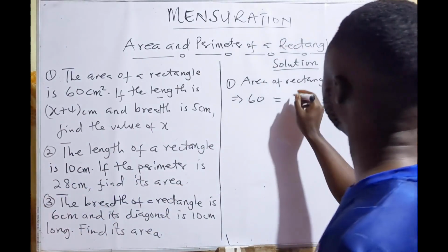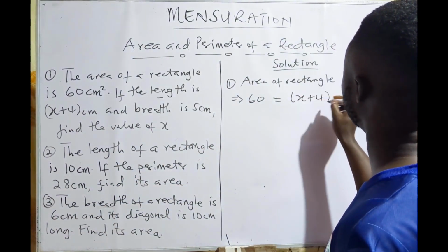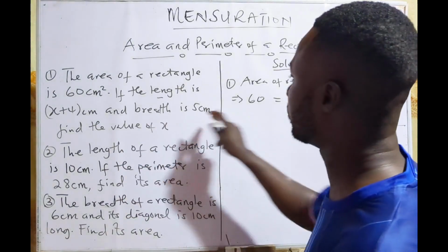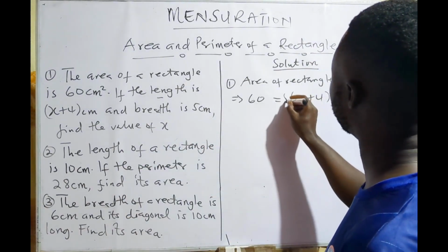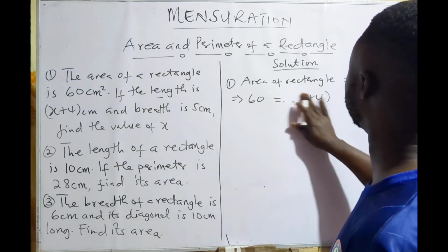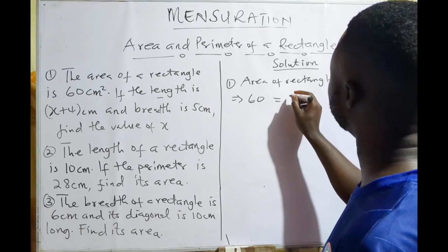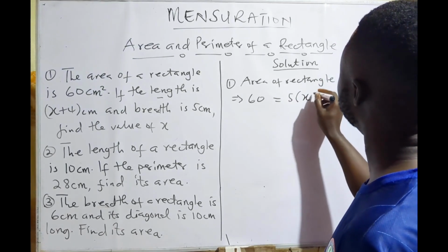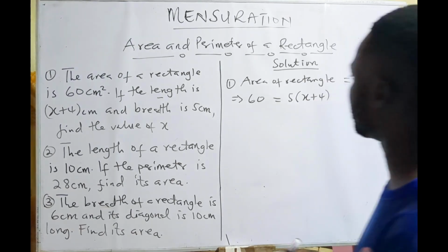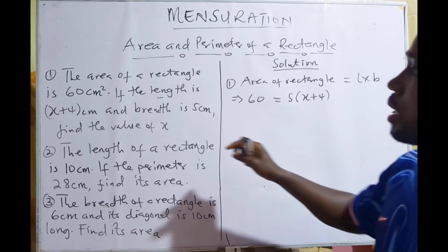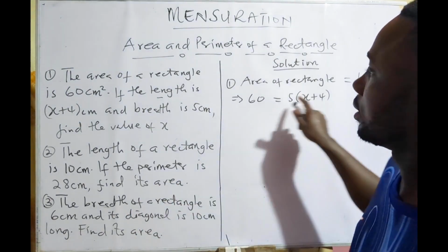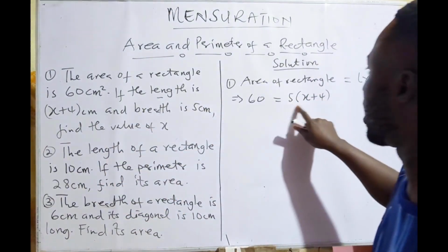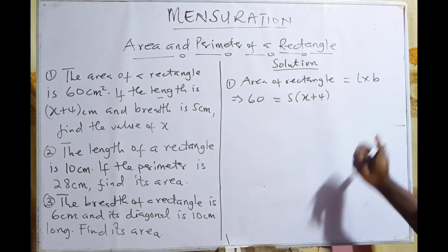So the length is s plus 4, multiplied by the breadth, which is 5. So they are multiplying. You can write it like this.